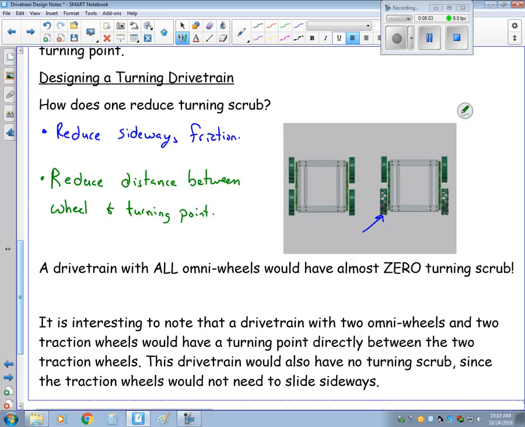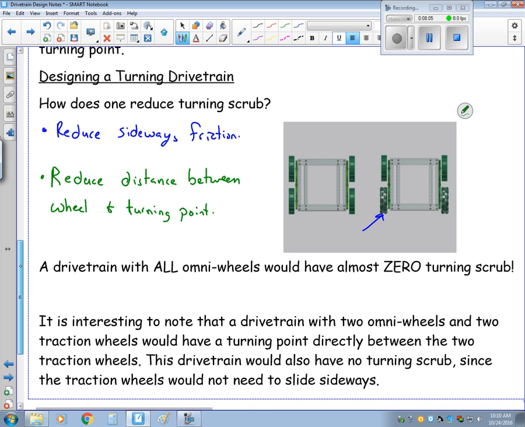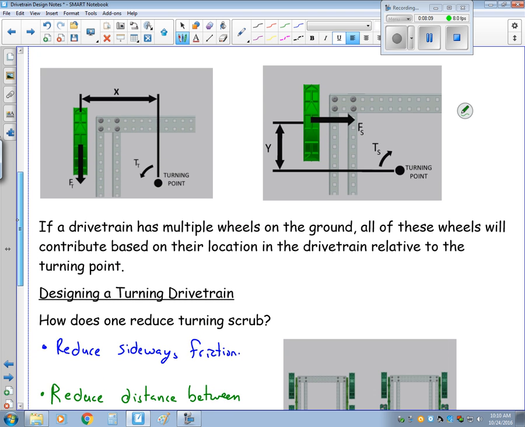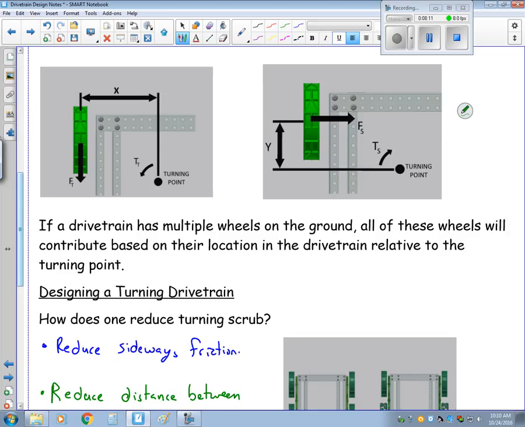So this one's a little harder to conceptualize. So let's scroll back up here and let's take a look at this. If I make y smaller, I would reduce the turning scrub acting on that wheel, because torque is equal to a force that's perpendicular to a lever arm distance.